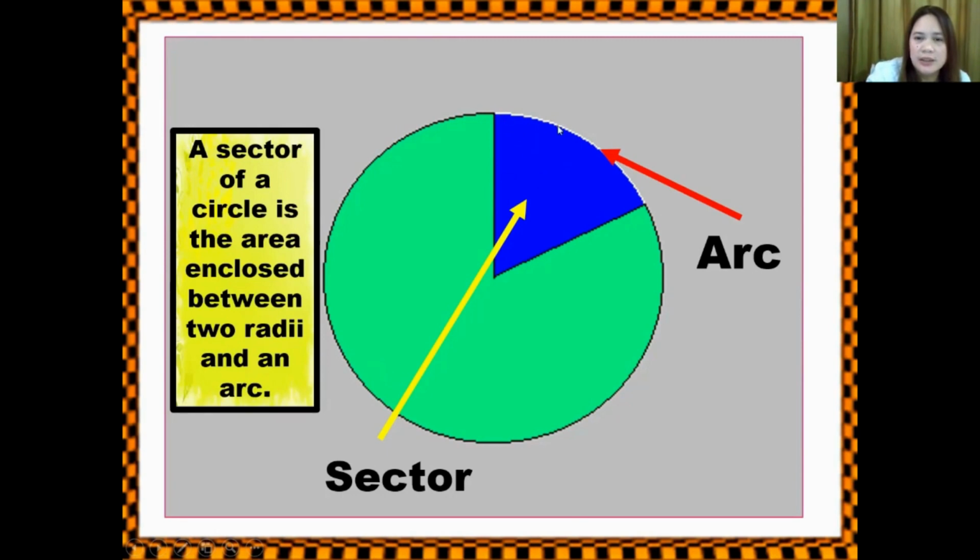And the edge of the blue shaded part is what we call an arc. Again, this part here is an arc. The blue shaded part is what we call a sector, because it is enclosed by the 2 given radii and the given arc. So again, this is a sector, this is an arc, this is one radius, and this is another radius.